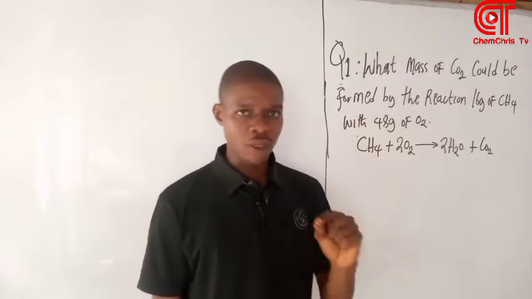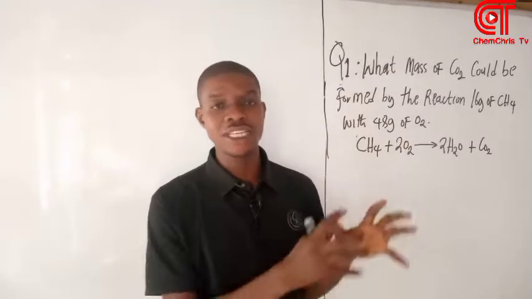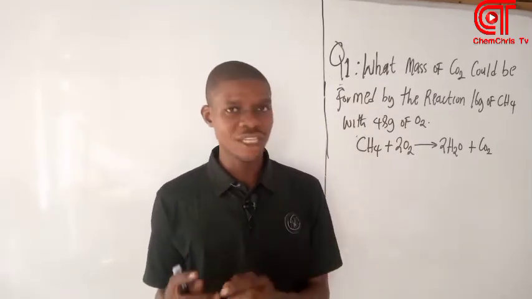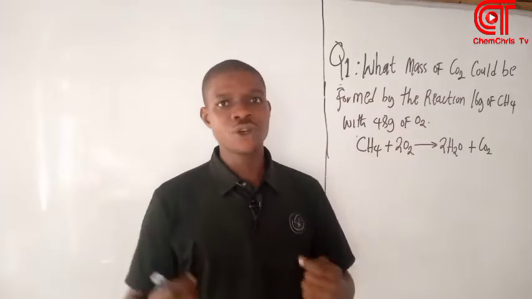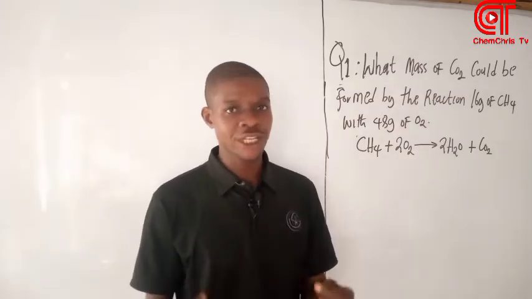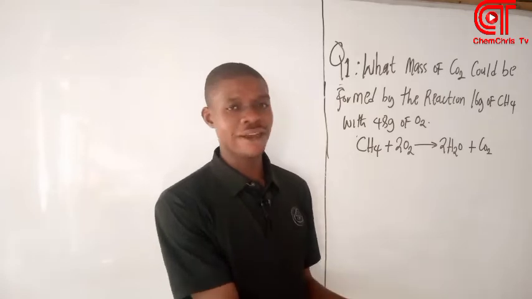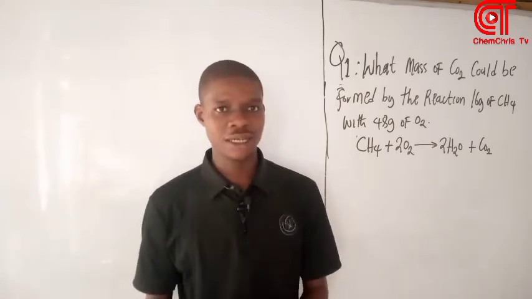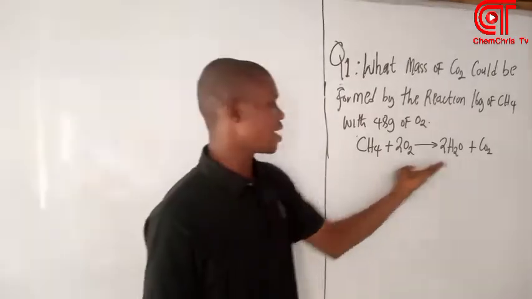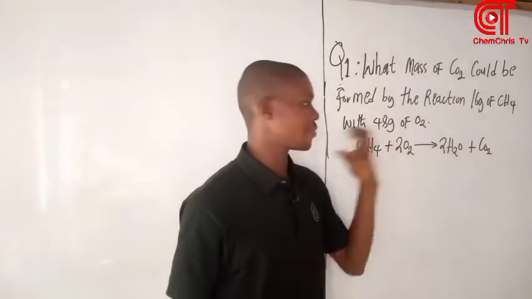Most times the balanced equation will be given in the question, but sometimes it will not be given, and it's left for you to find the chemical reaction and balance it. Here, it has already been given.